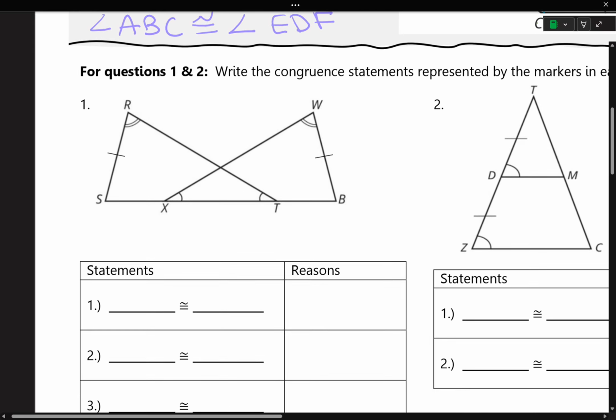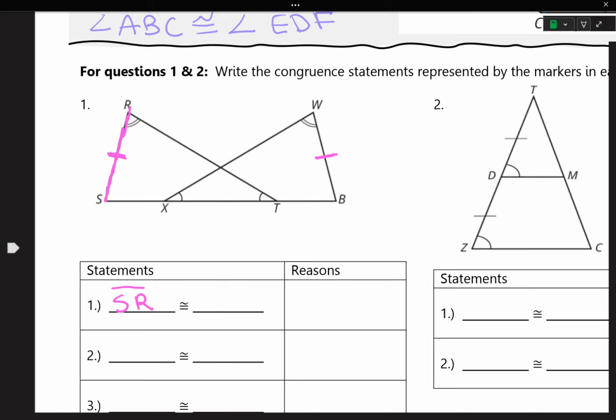Okay. When we will be doing proofs for our triangles, we want to make sure our congruent sides and congruent triangles and congruent angles are written in a specific order. So, for example, I'm going to start with the tick mark sides in number 1. We have this side and this side. Now, I want to name this one SR. In this triangle that I'm looking at on the left, S to R, S does not have any arches on it.